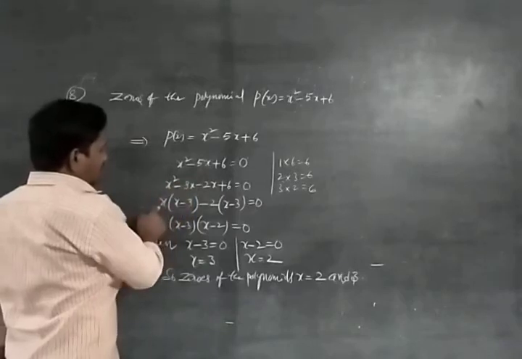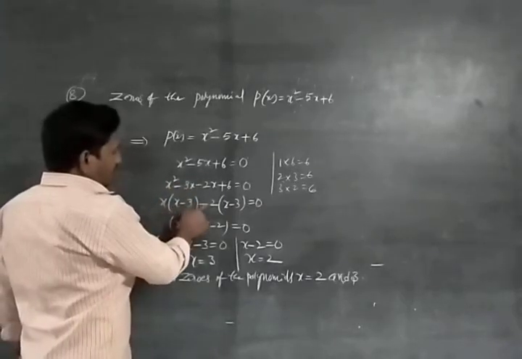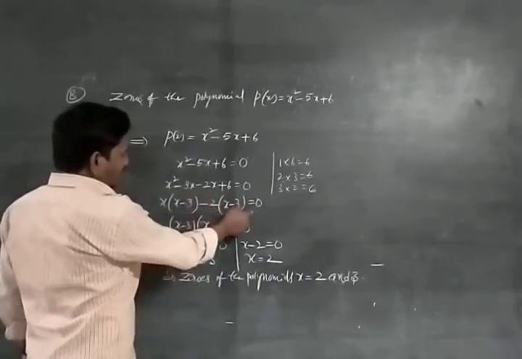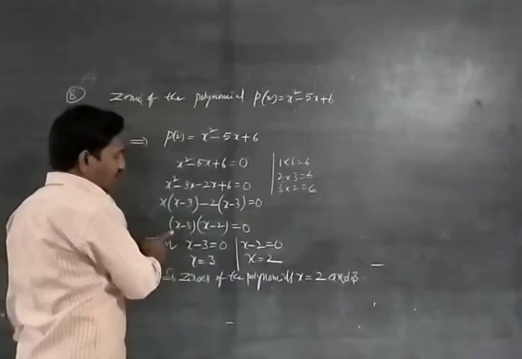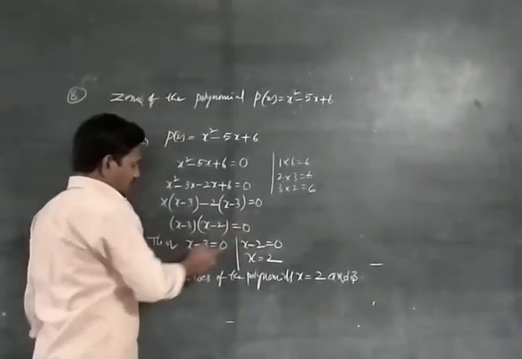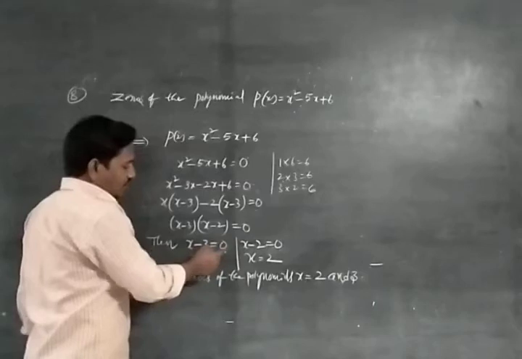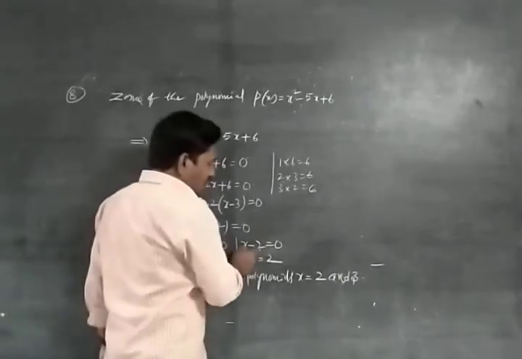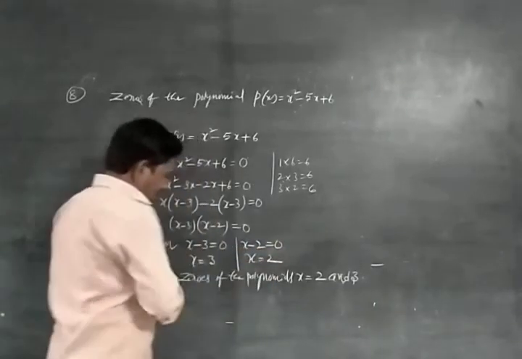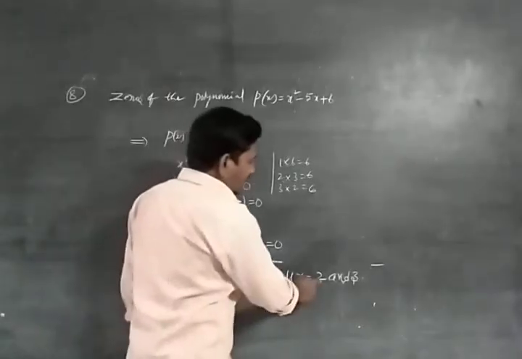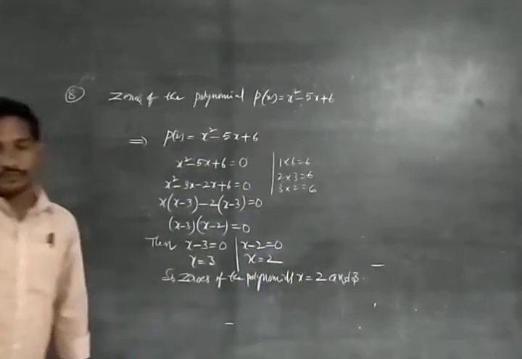In both, x minus 3 is common, and x minus 2 equal to 0. Then x minus 3 equal to 0, so x equal to 3. x minus 2 equal to 0, so x equal to 2. So the zeros of the polynomial are x equal to 2 and 3.